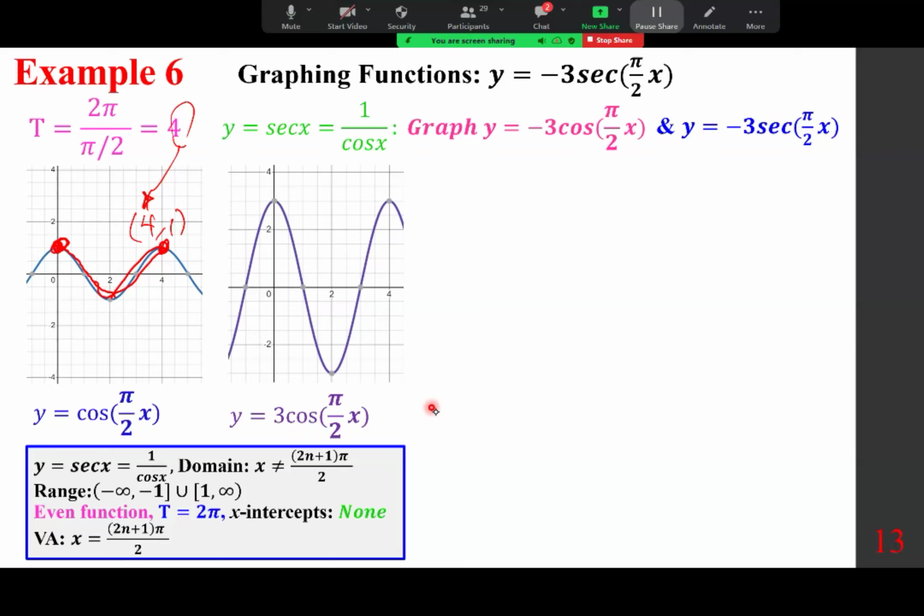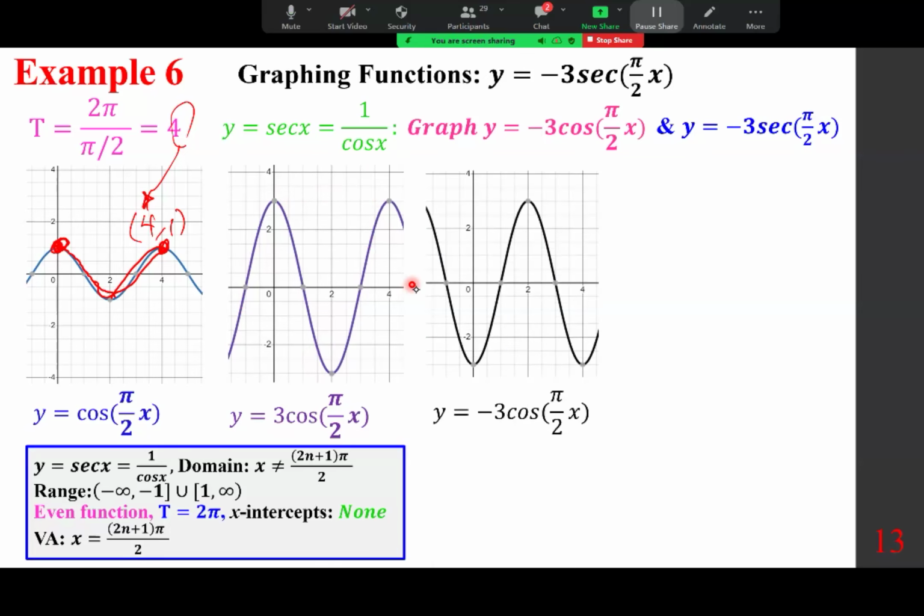Which means we are going to stretch this by a factor of 3. This 1 goes to 3. So this is 3. Then we go to negative 3 cosine of pi over 2x. That means if I'm going to negate this, I'm going to flip this over. Flip this over.